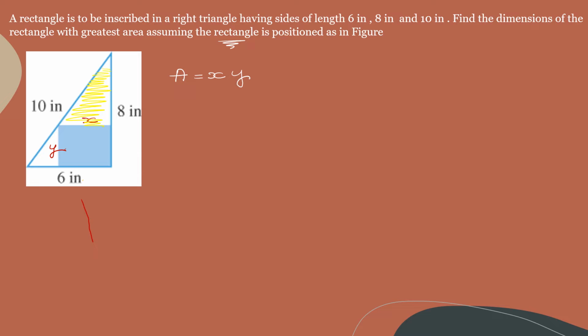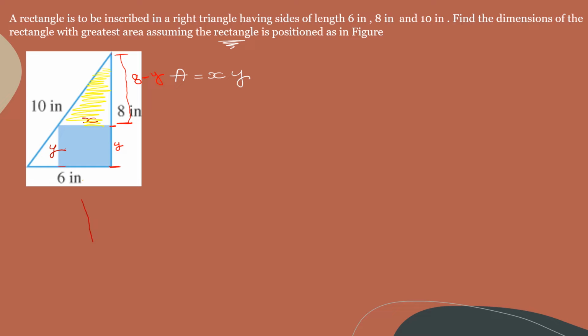So what are the dimensions of this small triangle? If this side of the rectangle is y, then from here till here, you can clearly say that the dimension will be 8 minus y.